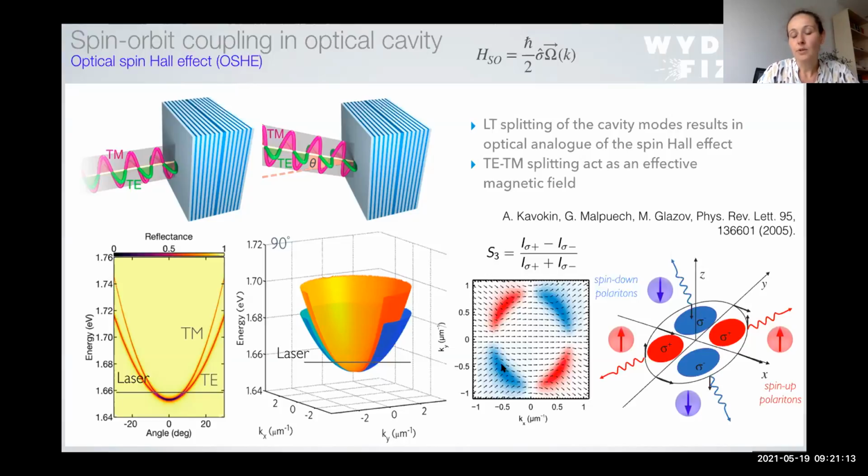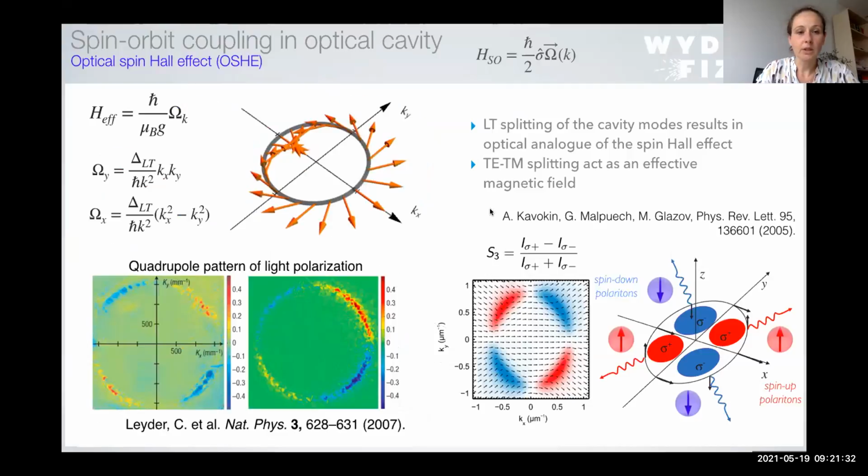This was the first demonstration that the TE-TM splitting can lead to the so-called optical spin Hall effect, the spin-orbit coupling of the photons in the cavity. It was demonstrated by Alexei Kavokin in a theoretical paper. He introduced that the synthetic Hamiltonian describing the system can be seen as an effective or artificial magnetic field acting on the photons in the plane of the cavity.